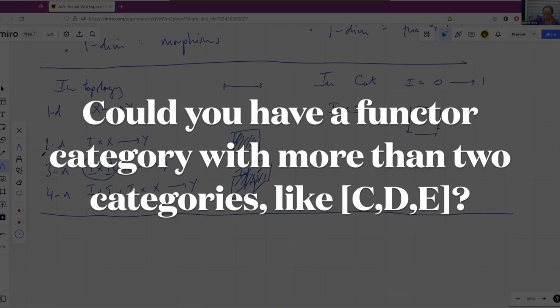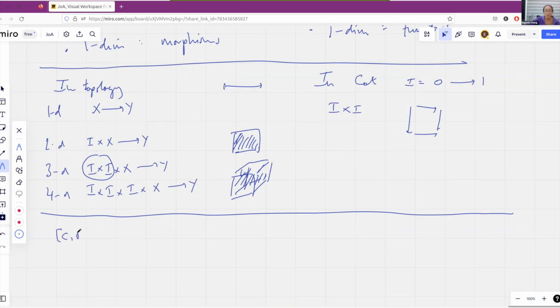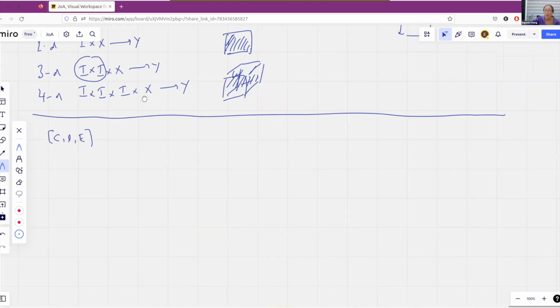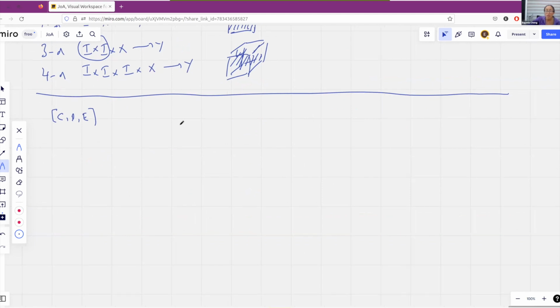Okay. Could you have a functor category with more than two categories, like C, D, E? Or would you need to use products of functor categories to get something like that? So the question is, what do you want that to mean? Because if you have three categories, are your functors going like this?